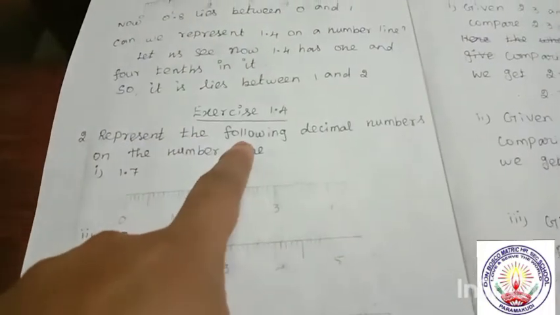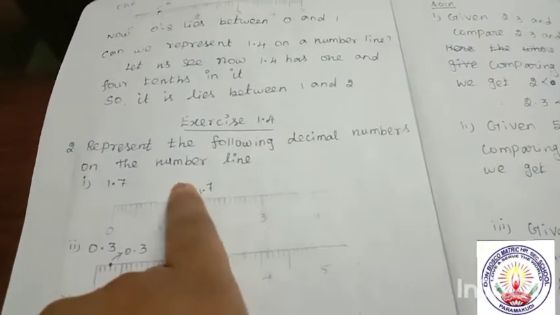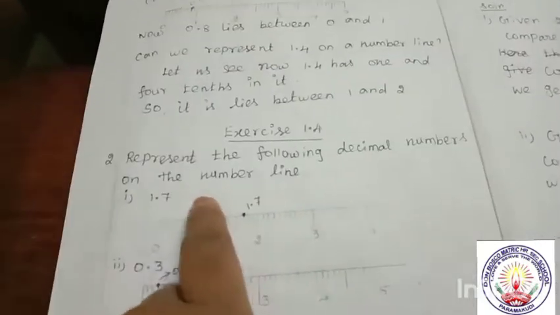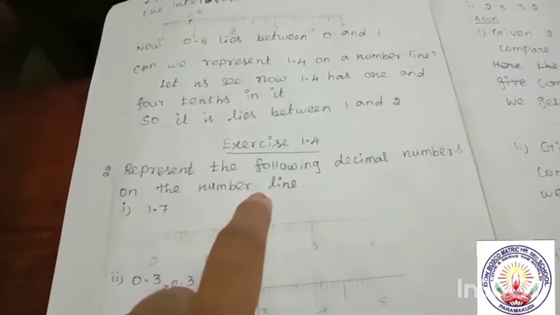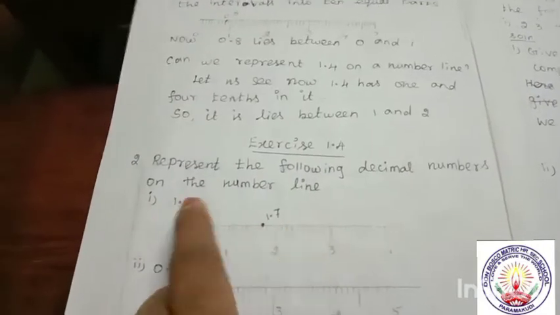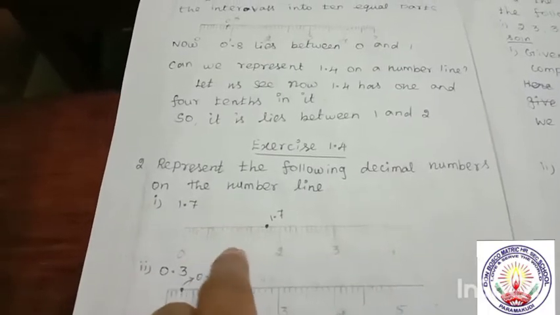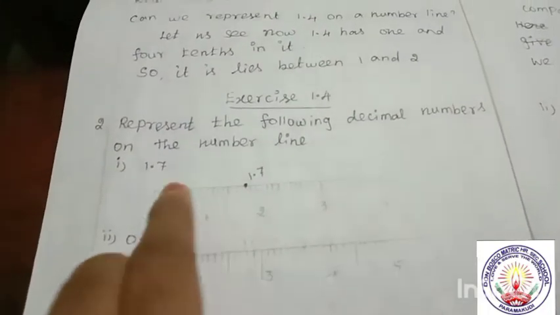Represent the following decimal numbers on the number line. 1.7. 1.7 lies between 1 and 2. Between means in the middle.